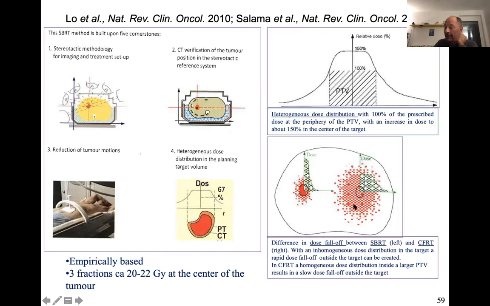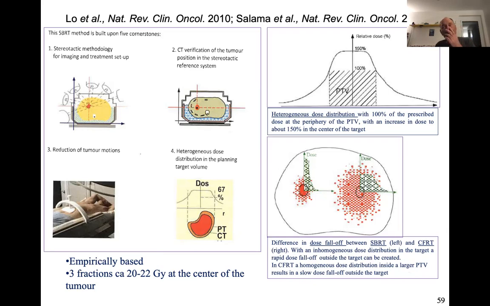While in conformal radiotherapy, a homogeneous dose distribution inside a larger PTV results in a slow dose fall off outside of the target. So in SBRT, you have to take small margins. You have to reduce the margins. You cannot take margins too big. And to have a rapid fall off, you want to have an inhomogeneous dose distribution with an overshoot.